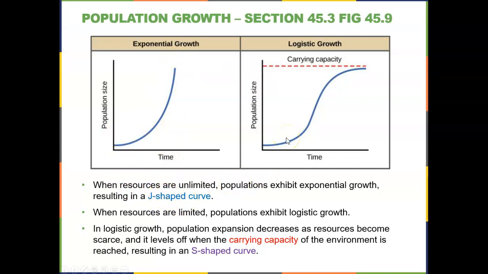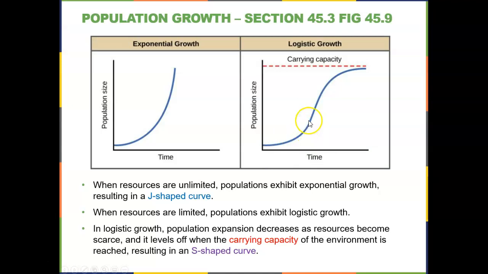When the resources are limited, which is most of the time, we see that populations are going to exhibit this other growth curve, this S-shaped growth curve, where we see an expansion of the population.